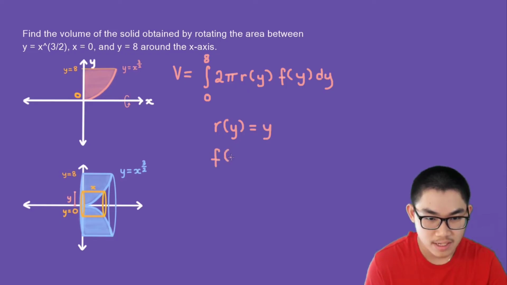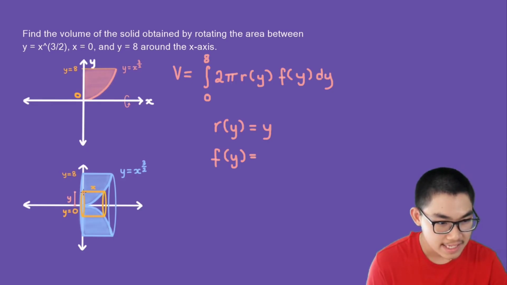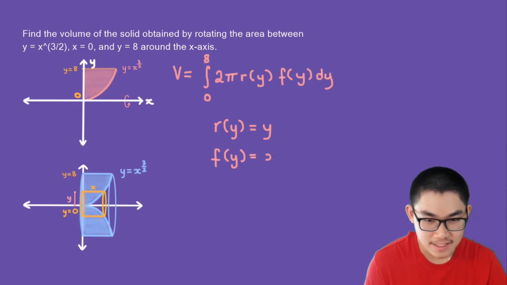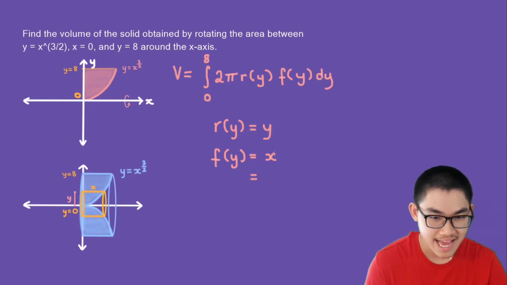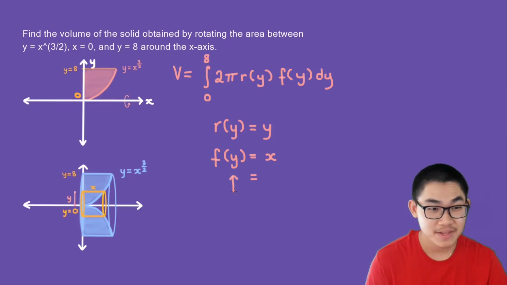Now, how about the height of the shell? The height is the distance from here to here. So the distance from the center until we reach the top is x. So the height is simply x. And we also know that we are integrating with respect to y, so we must rewrite x in terms of y. Now let me show you how to do that.